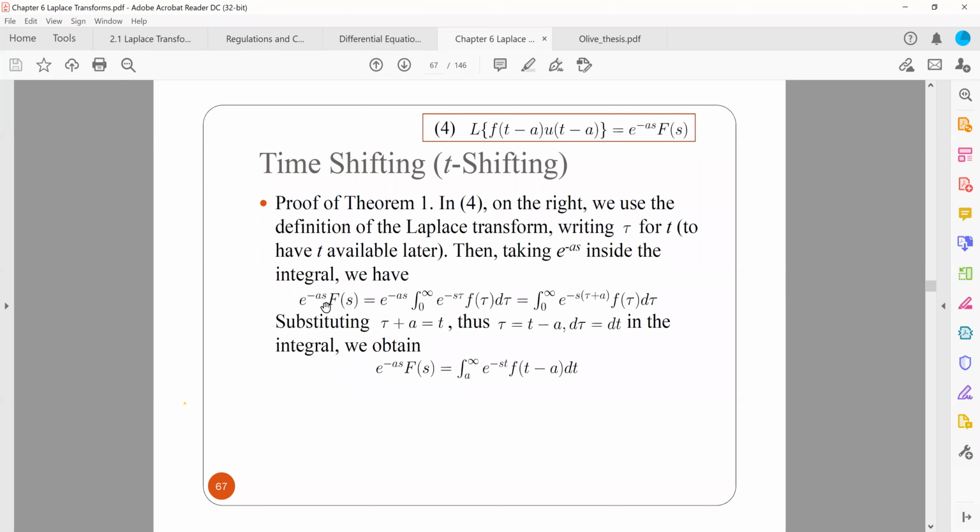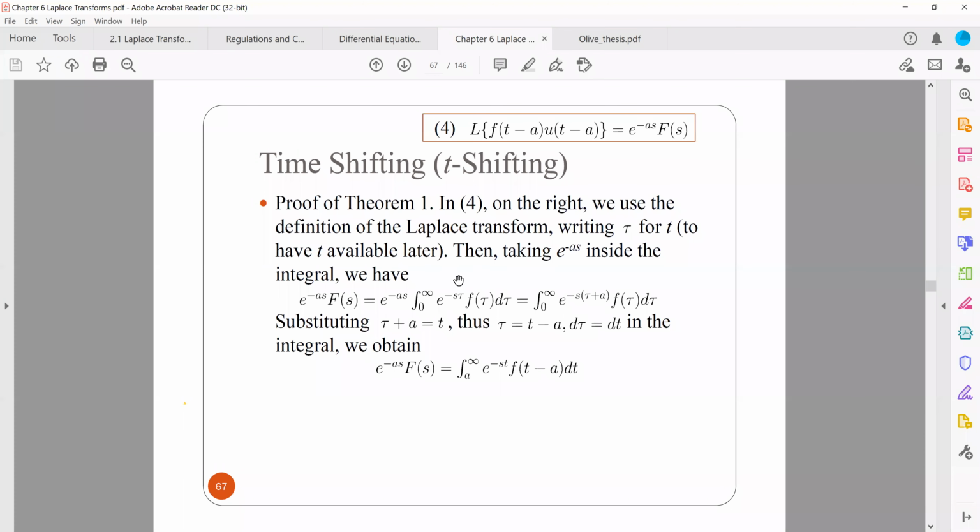Okay, so we have e to the minus as times F(s). We pull out this, and we are substituting F(s) with the Laplace transform, because we know it's the Laplace transform of some f(t). We are using tau here, but it might as well have been t. We just want to end up with t here. So we first use tau, because we're going to substitute for t with this.